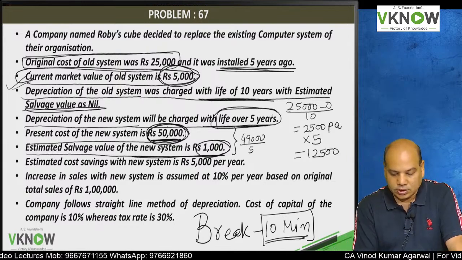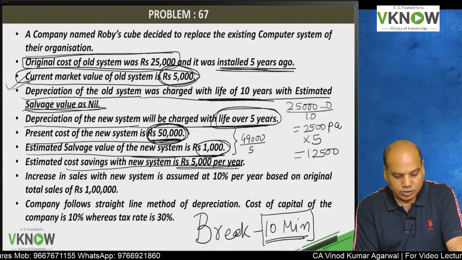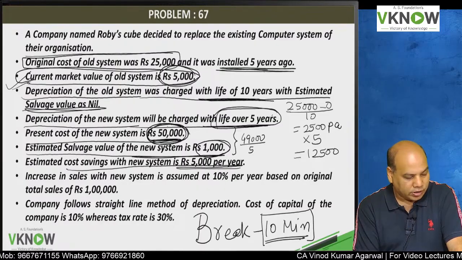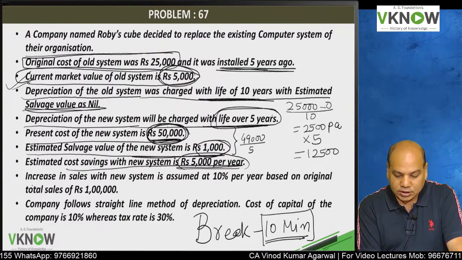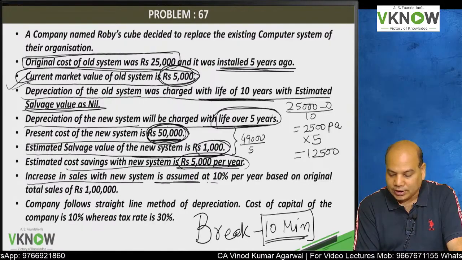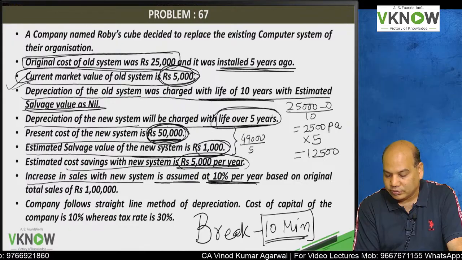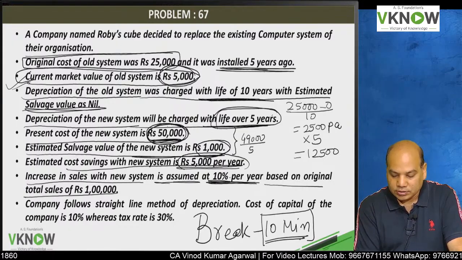And the next is estimated cost saving from the new system is 5,000. This is one advantage of the new system. You will get 5,000 rupees cost saving plus increase in sale with the new system is assumed at 10% per year based on original total sale of 1 lakh.